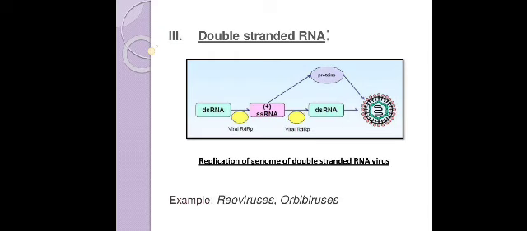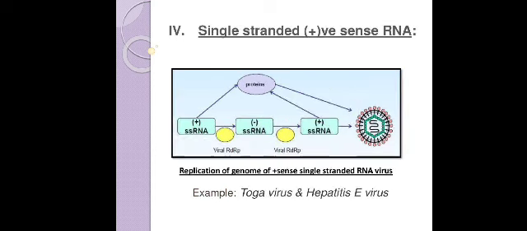After the protein synthesis, the genetic material and protein are packed together to form a double stranded RNA virus. Here the examples are reovirus and orbivirus.